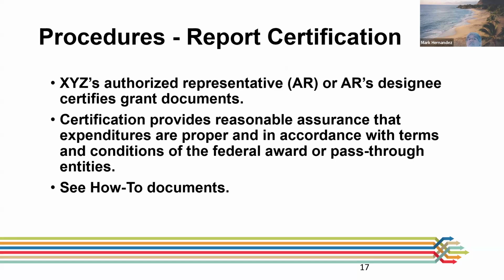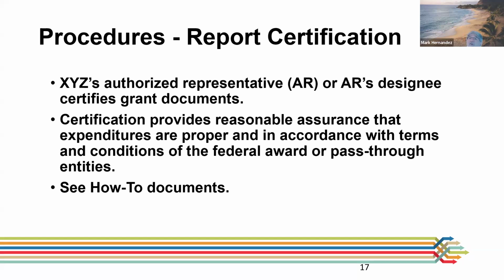Your procedure is then to identify who your authorized representative is, and depending on the certification, you can also have a designee. So for your contract or your application, you may have an authorized representative, but for invoices and other things like that, that authorized representative can provide a designee.